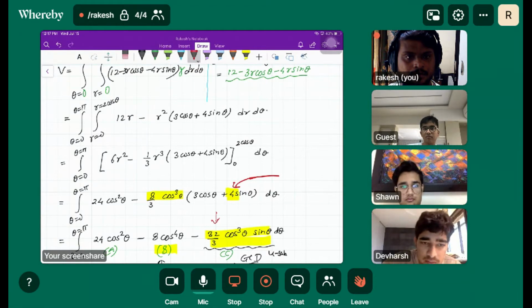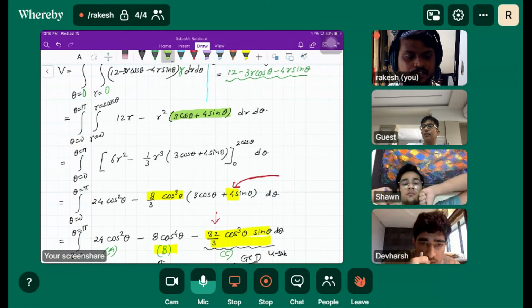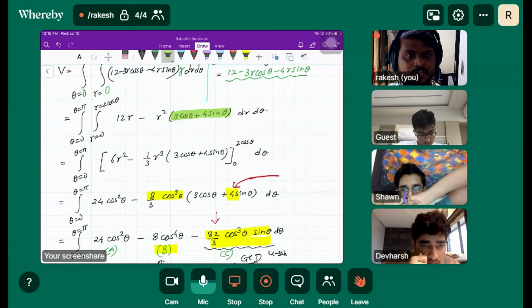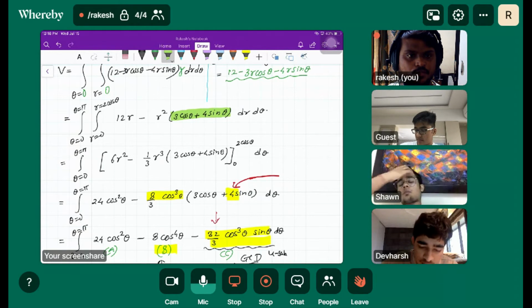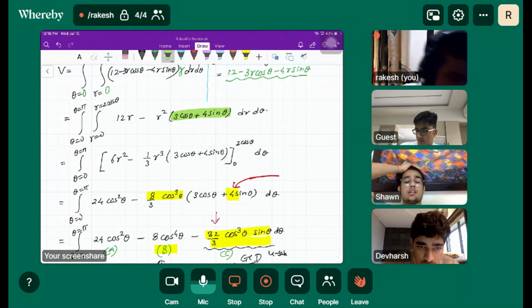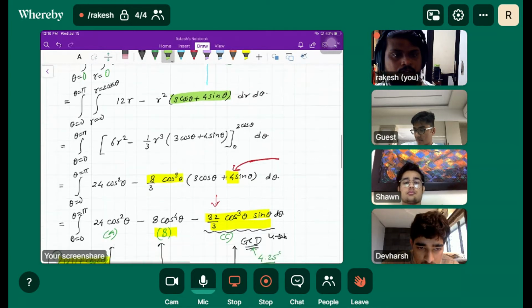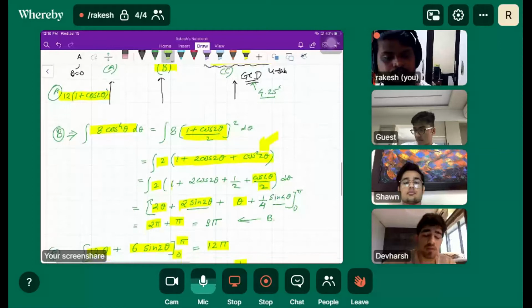I didn't do it this way. I opened up from the very beginning. But shouldn't that give the same thing? It should give the same thing. But this is the constant. I thought integrating with respect to r, this whole part is constant, right? So we should put it in one bracket. Okay, you can check that later, Dev.